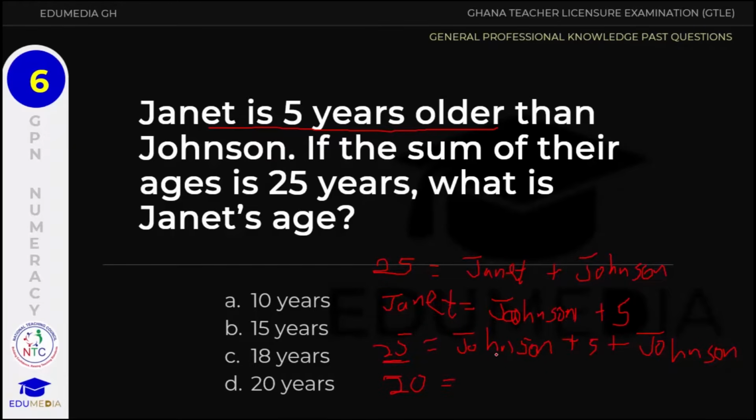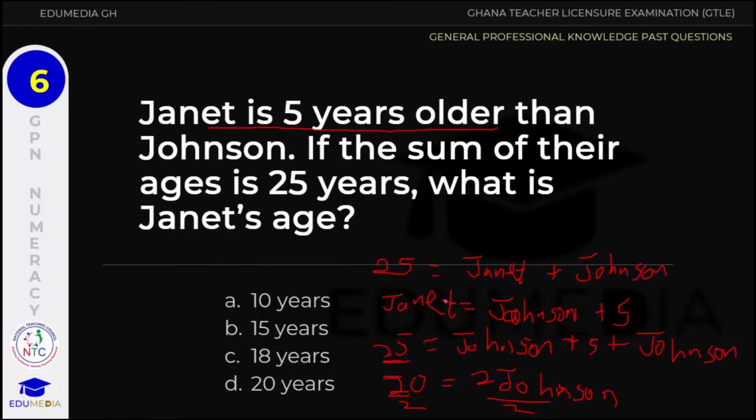So that is 20. Johnson is going to be 2 Johnsons, and then you do your division. Dividing both sides by 2, we have Johnson to be 10. So therefore, the age of Johnson is 10.